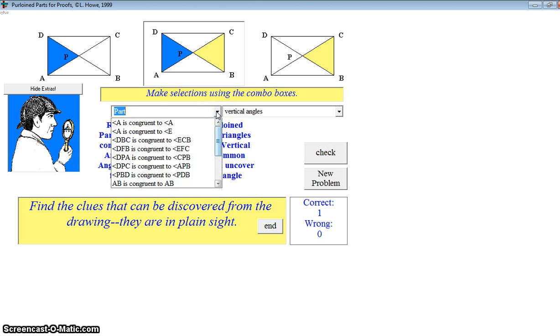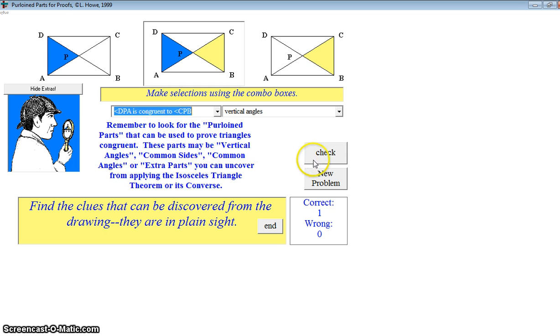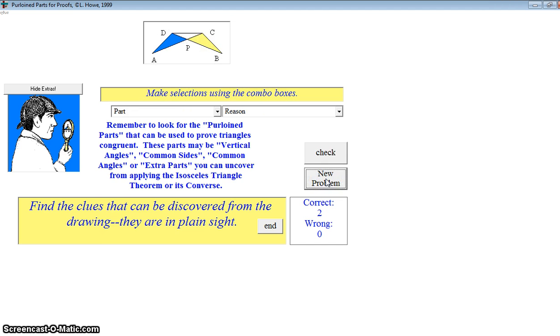We're looking for a pair of angles with P in the center. DPA is congruent to CPB. Let's see if that will do it. And let's keep looking for purloined parts until we've exhausted what we've got here. Hide the extras. You need to make a decision about what the purloined parts, or the parts hidden in plain sight, are.